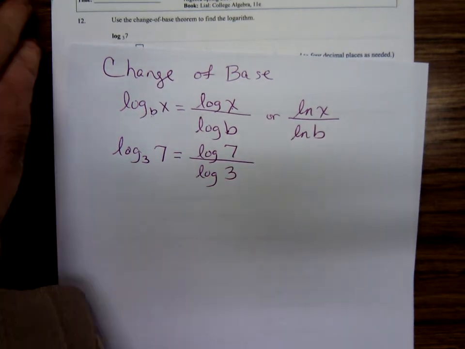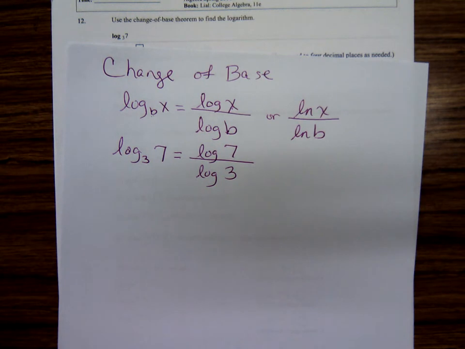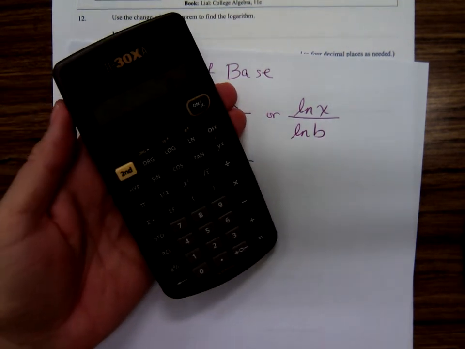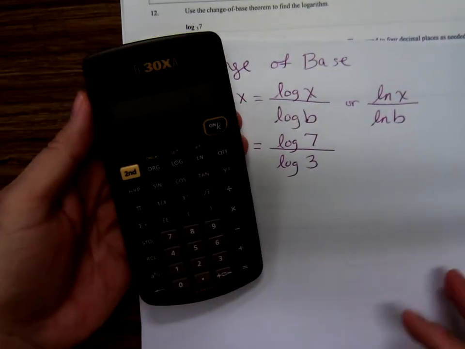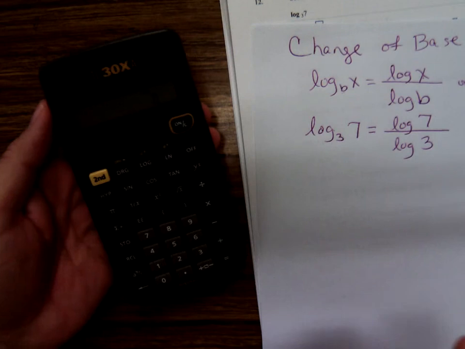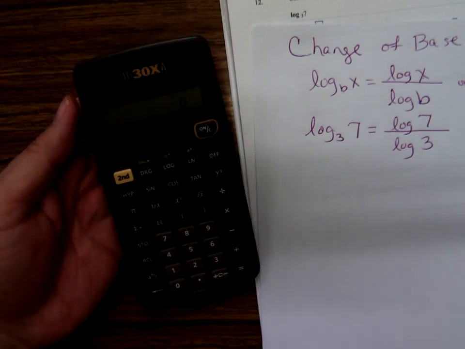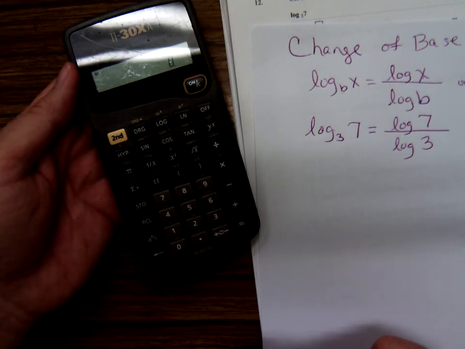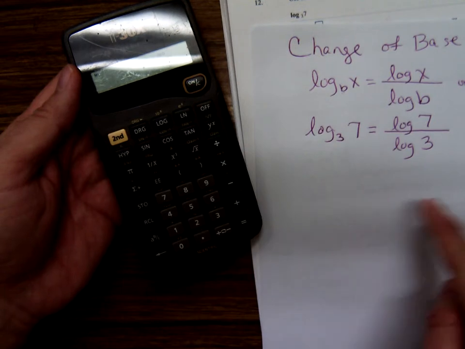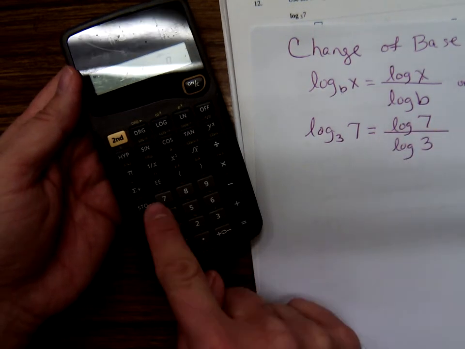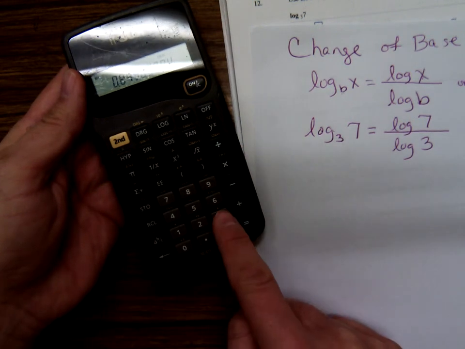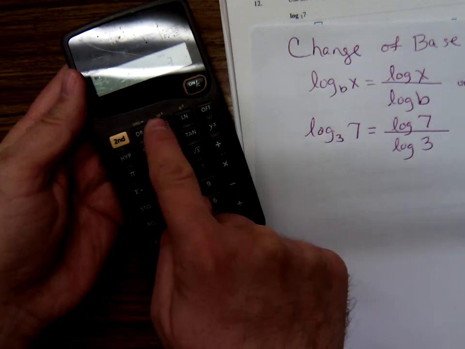So it's a matter of now punching this in, and I'll do it with both calculators. First, the reverse notation. It's going in reverse. You don't hit log 7. You go 7 log divided by 3 log.